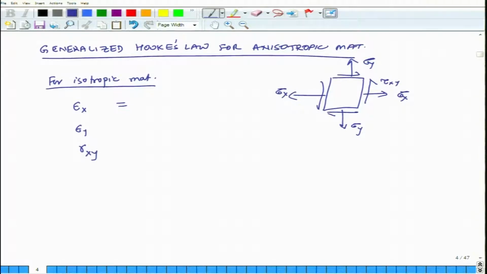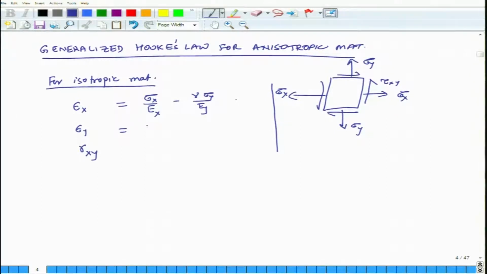So, what is the relation for the strain in x direction? It is sigma x by E x minus nu sigma y by E y, and there is no dependence on the shear stress for isotropic materials, because extensional stress cause only extensional strains. So, no term for tau x y in this relation.